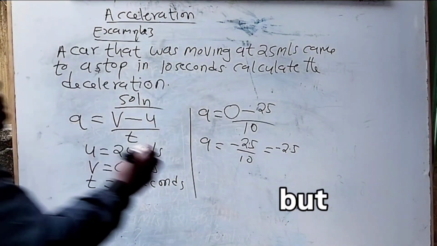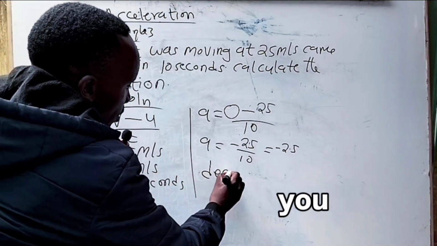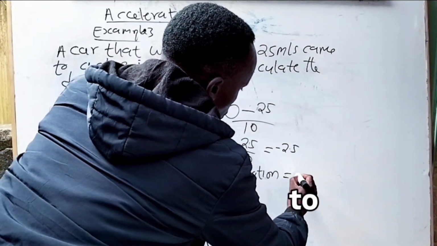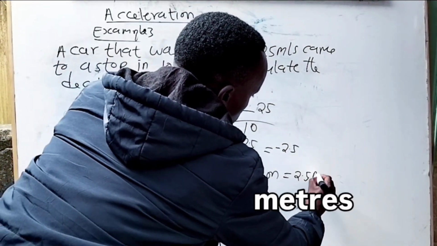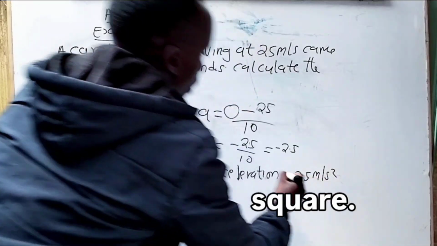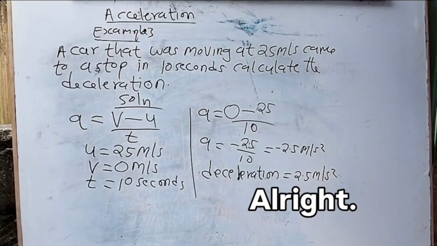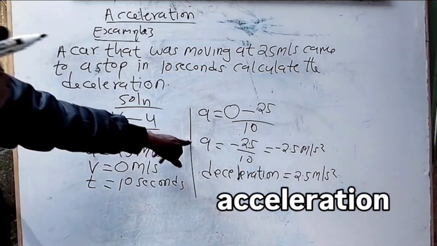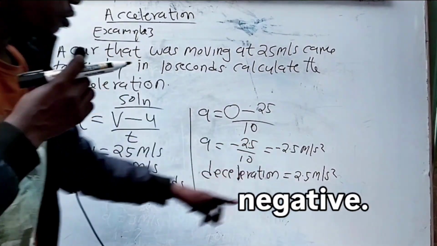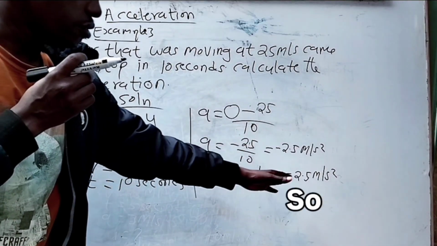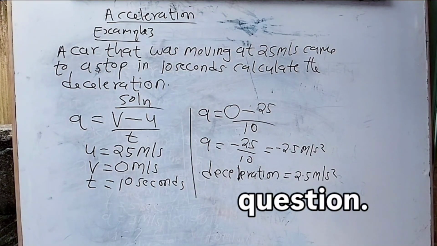That is acceleration. But when you say deceleration, you drop the negative. Deceleration is equal to 2.5 meters per second squared. So when it is acceleration, you have the negative. When you write the deceleration, you drop the negative. So that is our question.